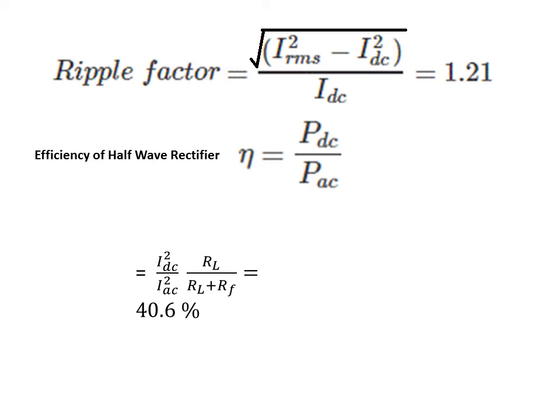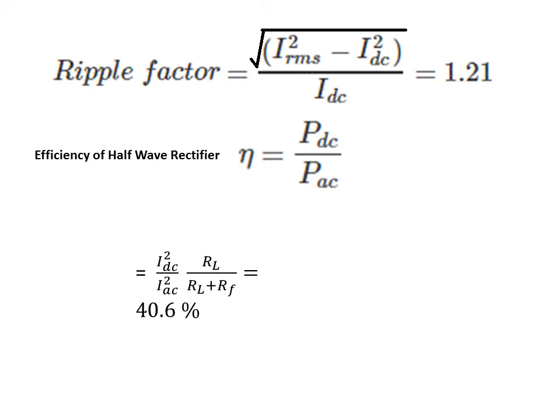So the input current is flowing both through the diode and the load resistance, so the total resistance for the input current will be the sum of the resistance of the diode and the load resistance. So when you evaluate PAC, you have to use this equation, that is equal to IAC square multiplied by the sum of the two resistances RL and RF.